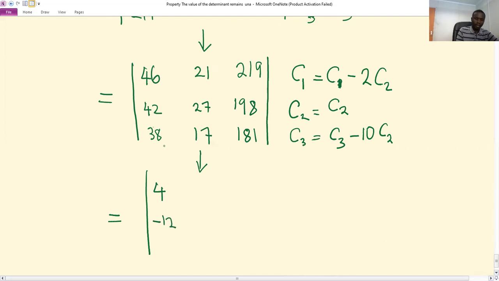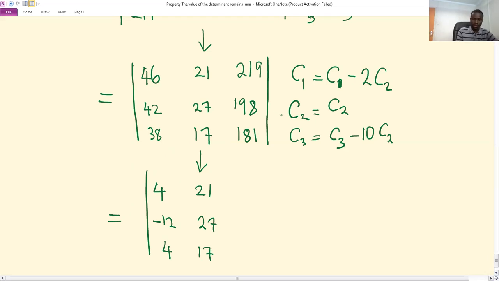And then 38 minus 2 times 17, that will give me 4. And then 21, 27, and then 17, because we are not interfering with column 2.